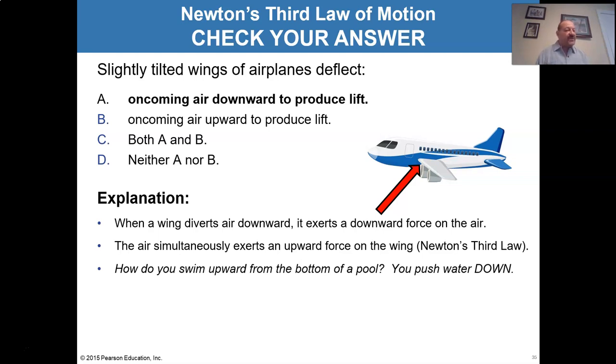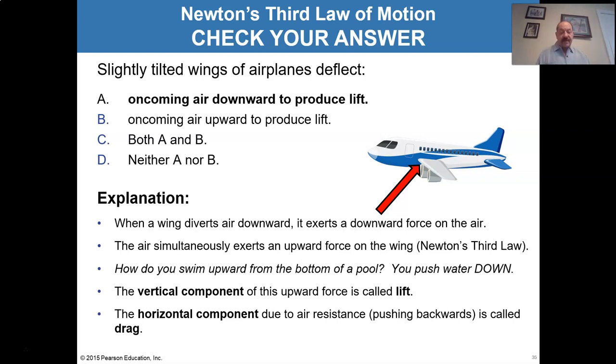But this is just another example. You floating and hovering around in water by pushing different amounts of water down, different forces pushing down that in turn create forces pushing you up. The vertical component of an upward force, usually with gases like the air, is called lift.